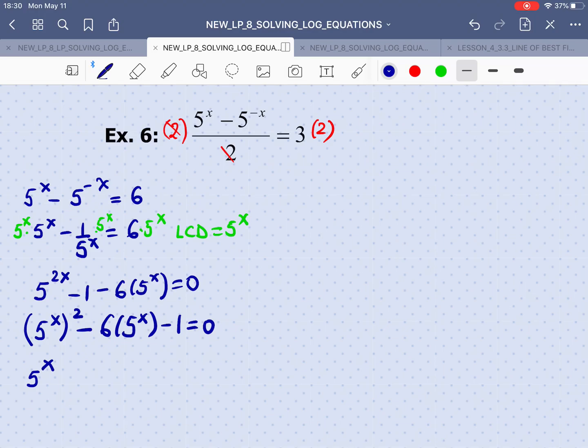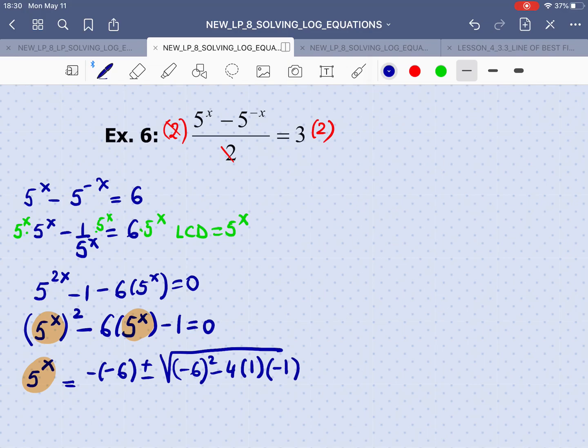So we'll say that 5 to the power of x, that's what we're solving for, that's our variable. Okay, so 5 to the x would be equal to negative b, negative negative 6, plus or minus the square root of negative 6 squared minus 4 times the coefficient of 5 to the x squared, which is 1, times c, which is negative 1.